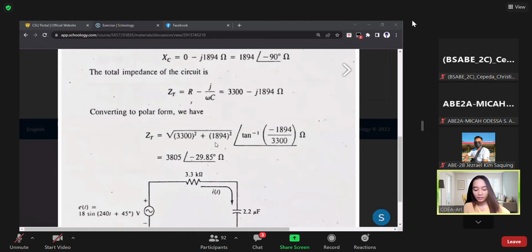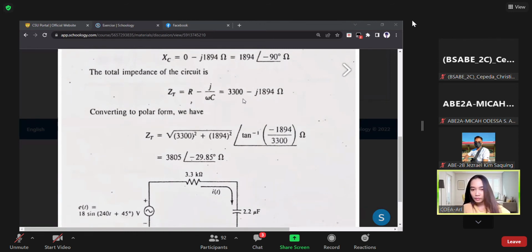Now, kindly input in your calculator 3,300 minus J1895. Nakikita niyo yung cursor ko?